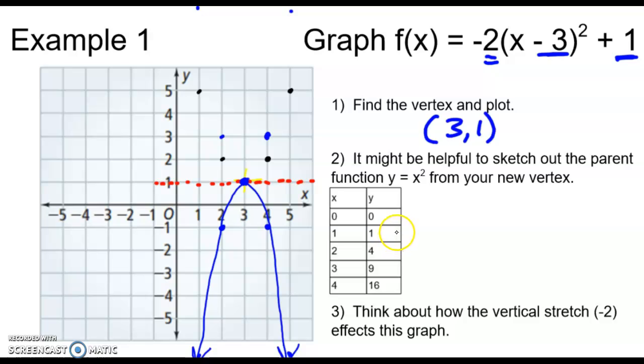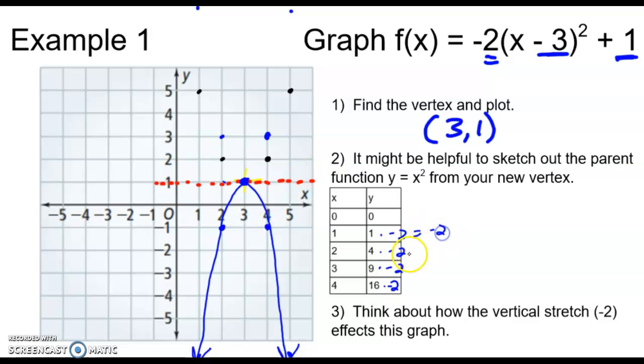You could also think about just taking that y value times -2 each time. So from that new XY axis, our vertex, normally I would go to the right 1 and then up 1, but since I want this stretched by -2, I'm going to go to the right 1 and down 2.